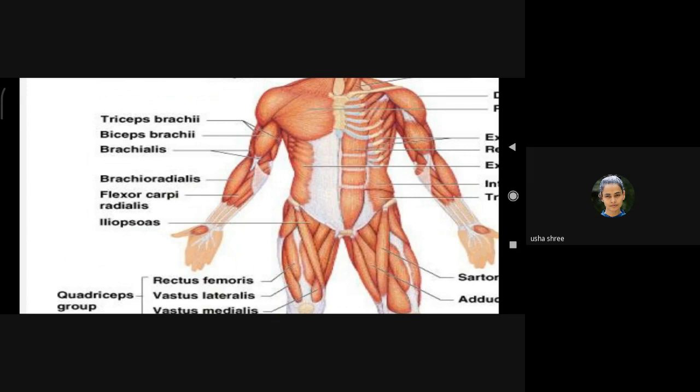The upper muscle of the upper arm is the biceps, and at the back of our upper arm the triceps brachii is situated.